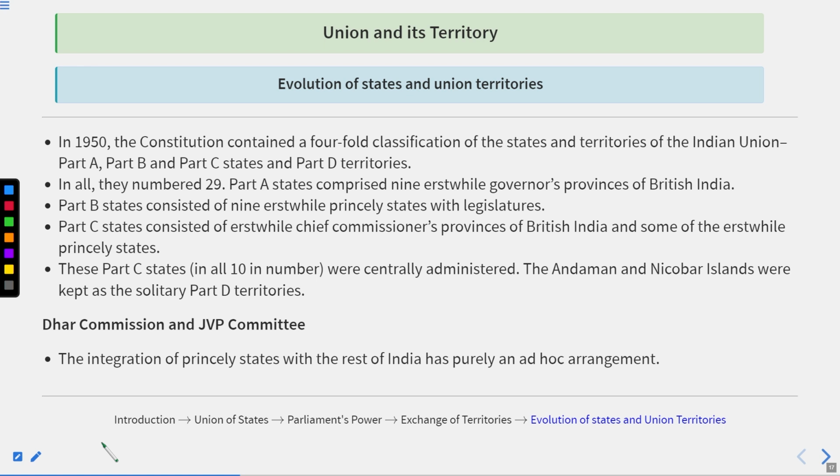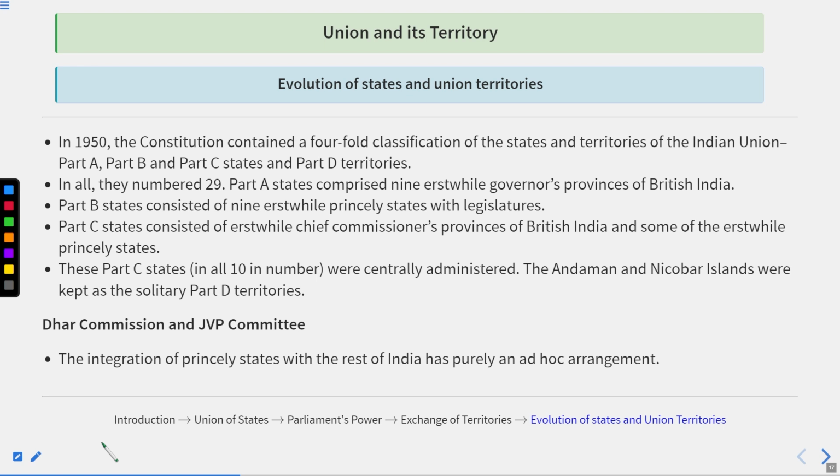Part A contains some states, Part B contains some other areas of the state, Part C contains some other areas or states, and Part D contains some other areas and territory. In all, they number 29 states.